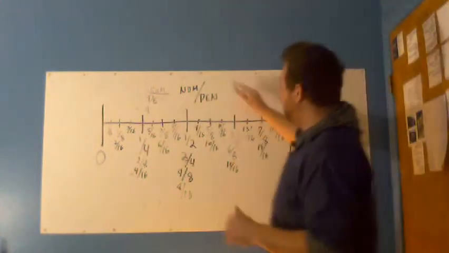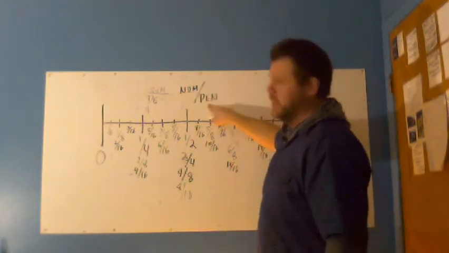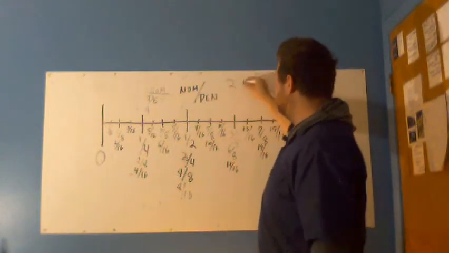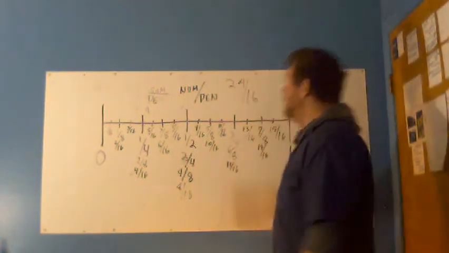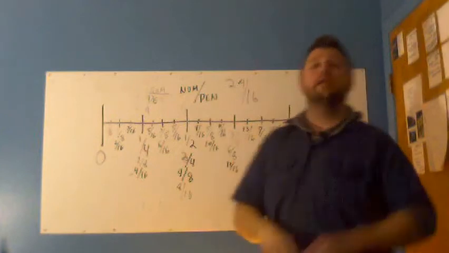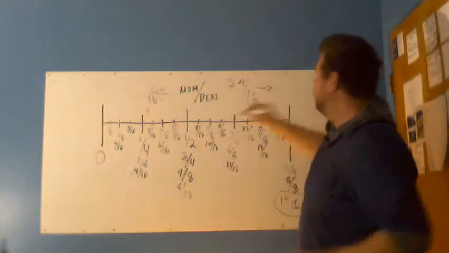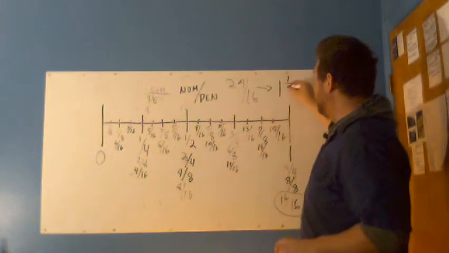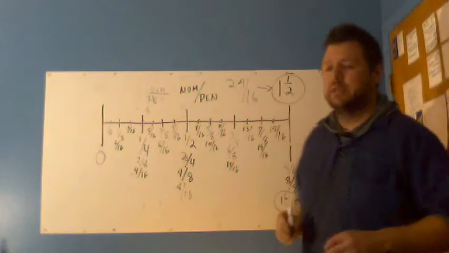So numerator, denominator, if this is larger than this, like we just talked about, 24/16, that means this is what we would call an improper fraction. Because this, as we showed before, is 1 1/2. This is what we'd call a mixed number.